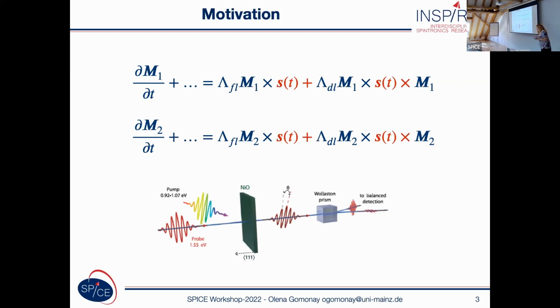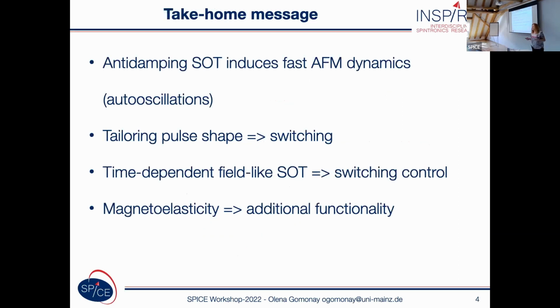And the aim of this presentation is to discuss new phenomena which can appear due to the time dependence of these spin currents. So in my talk, I will try to convince you that these time-dependent spin-orbit torques can induce fast switching or ultra-fast switching, at least compared to the time scales of ferromagnetic materials.